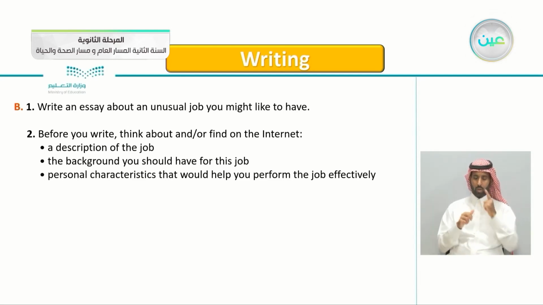Personal characteristics that would help you perform the job effectively. Personal, you have to be patient and so on. So again, write an essay about an unusual job you might like to have.